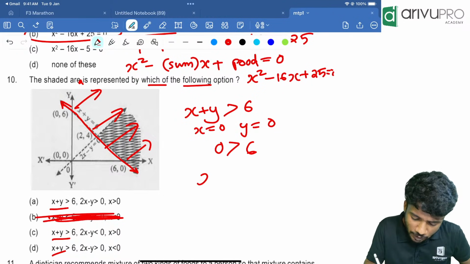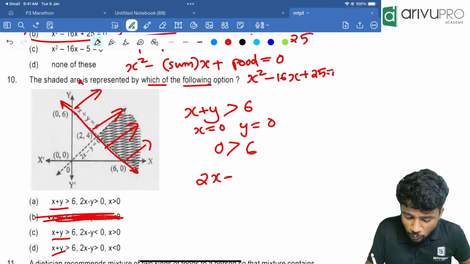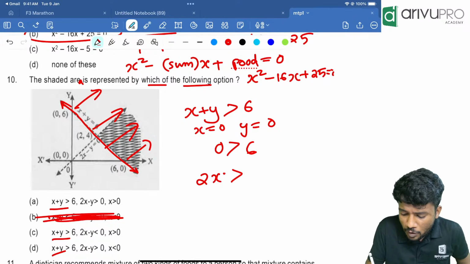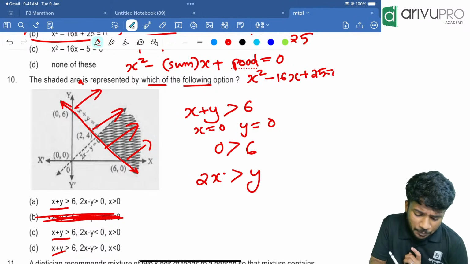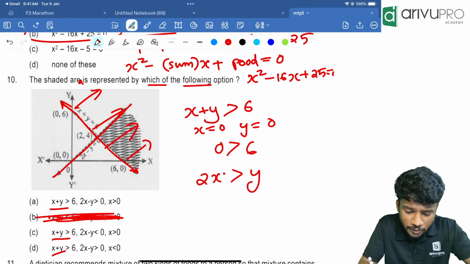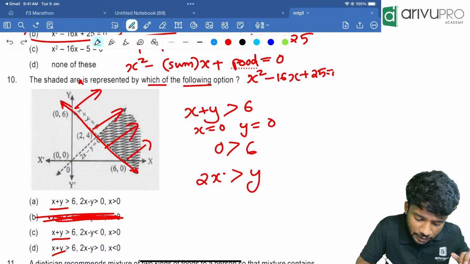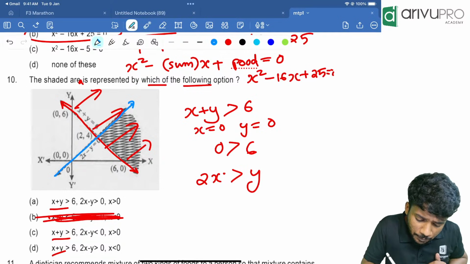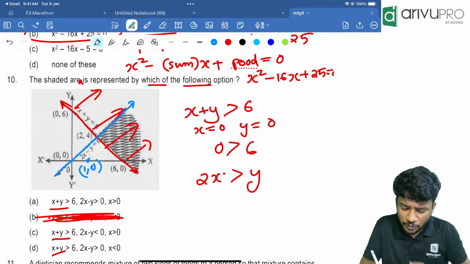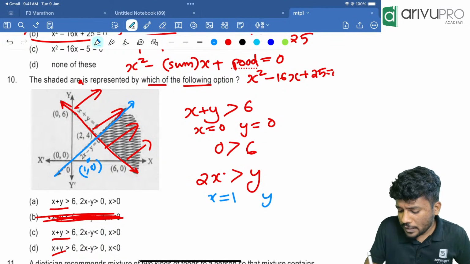Now check the next one. 2x minus y greater than 0. That means 2x greater than y. Now for this I am going to assume this is the line. I'll use another color so that you can easily understand that. I'll use blue color. So I am writing a point 1 comma 0. I am going to substitute x is equal to 1, y is equal to 0.